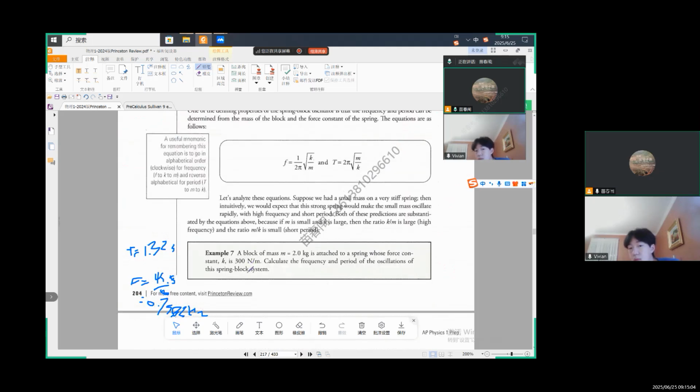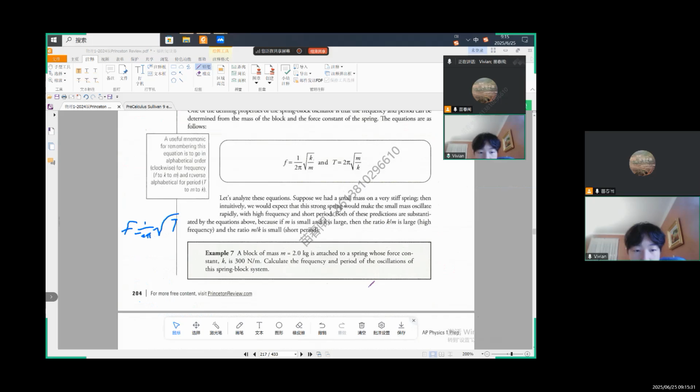Let's do 7. Frequency equals 1 over 2 pi times square root of 300 over 2.